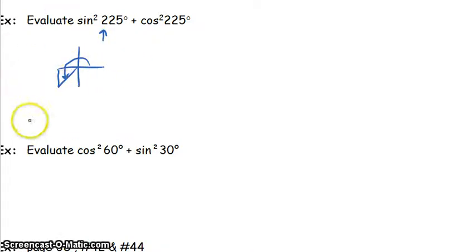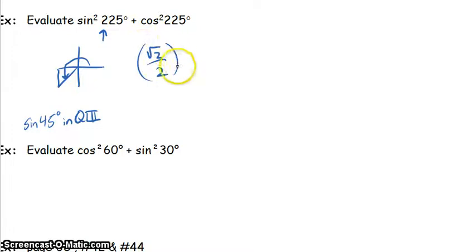So it's like saying, I want to take the sine of 45 degrees in quadrant 3, if you view the picture right. Well, the sine of 45 degrees is the square root of 2 over 2. So I got to square that. The square root of 2 times the square root of 2 is 2 over 4.